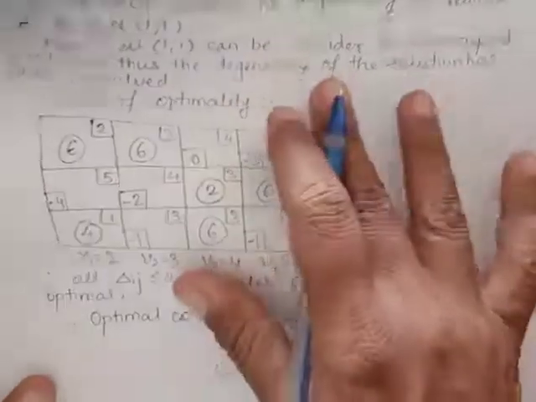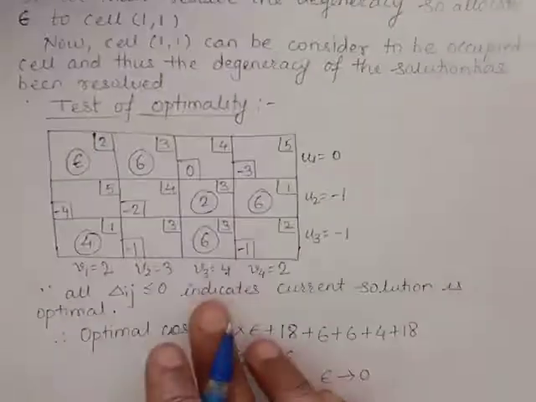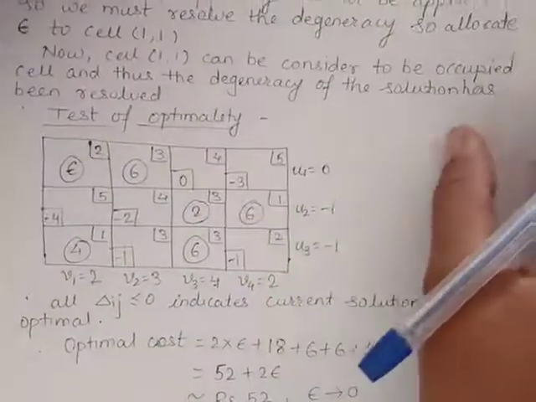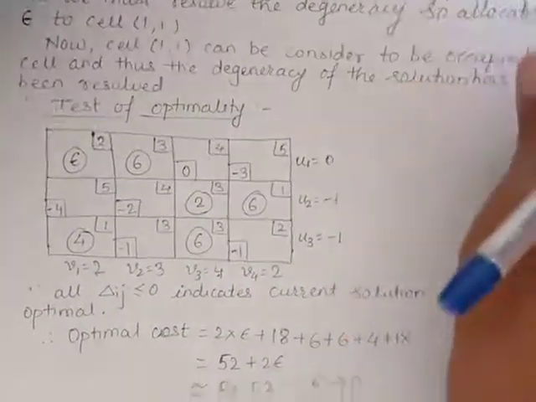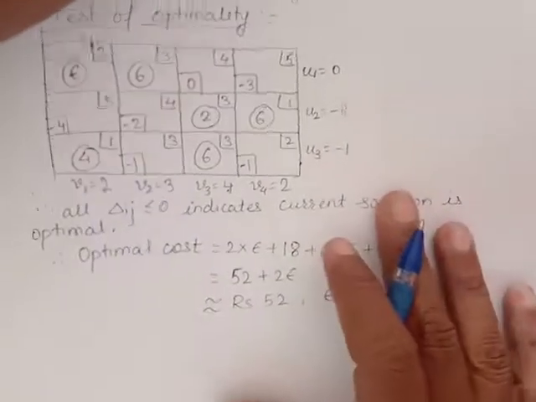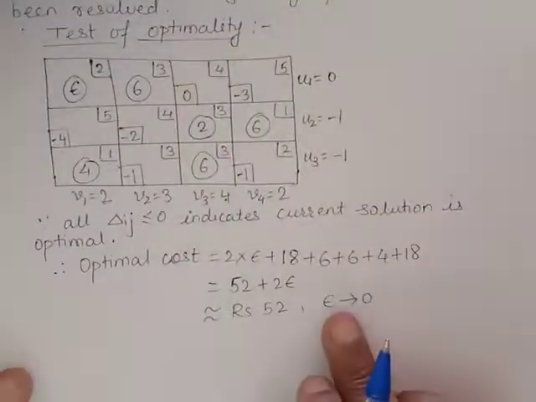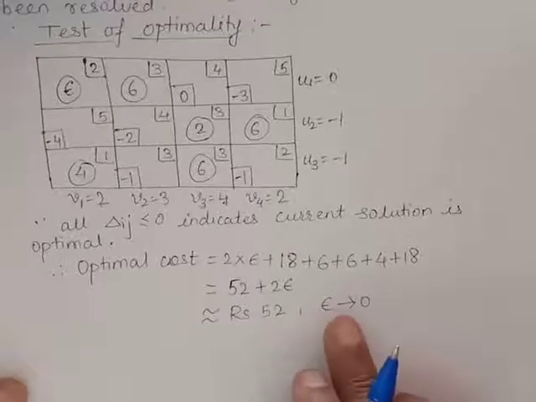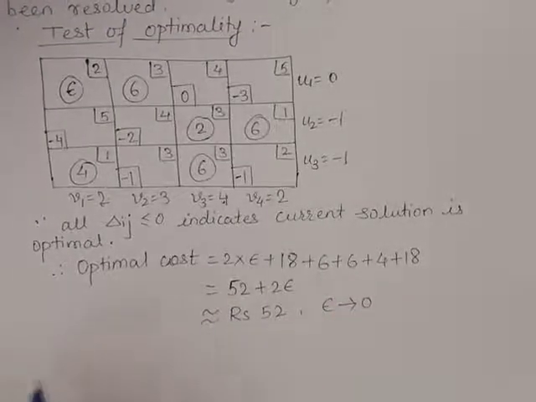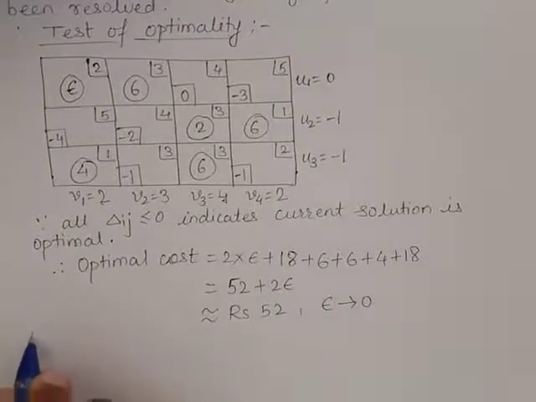So for that, let me write one note. Always remember, while getting the optimal solution or the optimal cost, this epsilon should be neglected. We won't consider that one. Okay, we will remove that one from the optimal cost. So for that purpose, let's write one note.